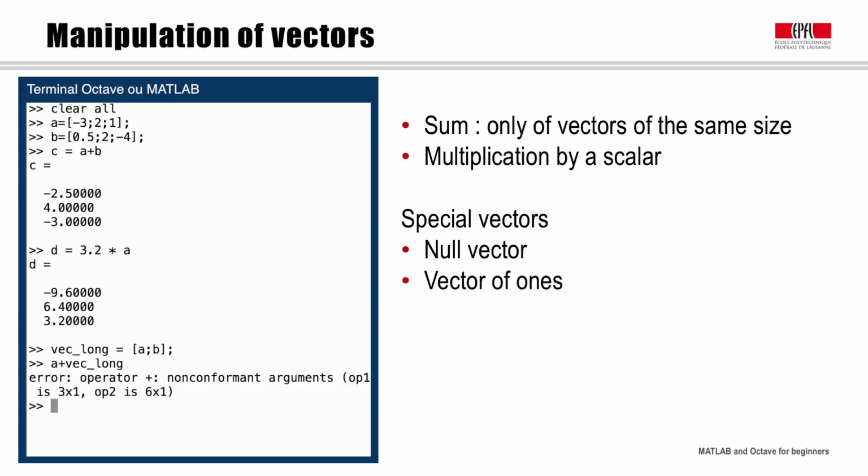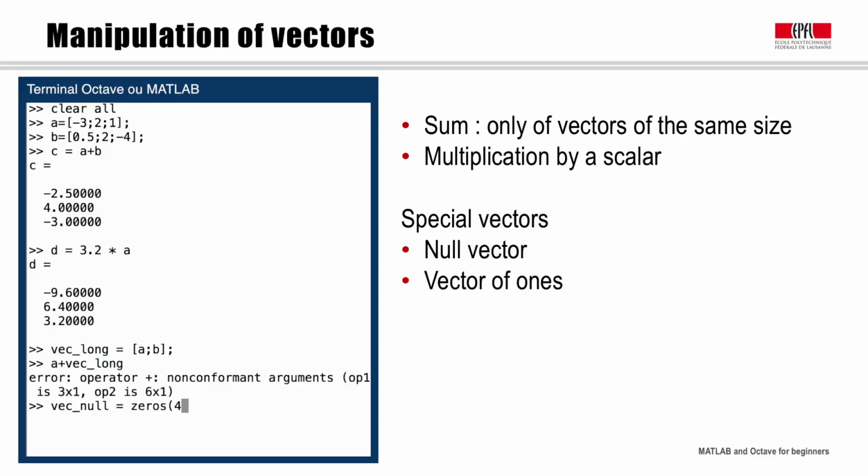There is a particular vector which is the zero vector. Okay, so I say vec null equal to zeros, then I have to tell the size. So I say size 4, 1. What does it mean?